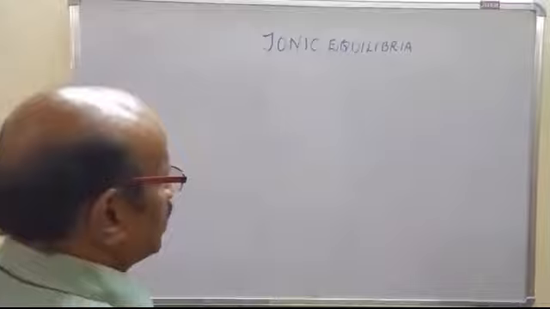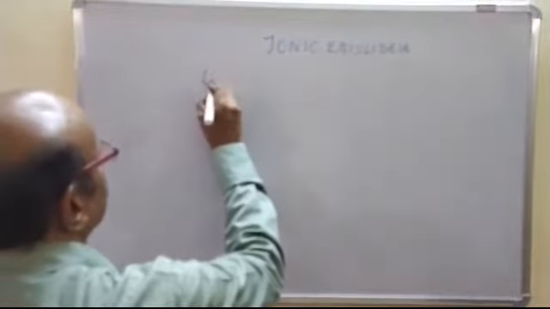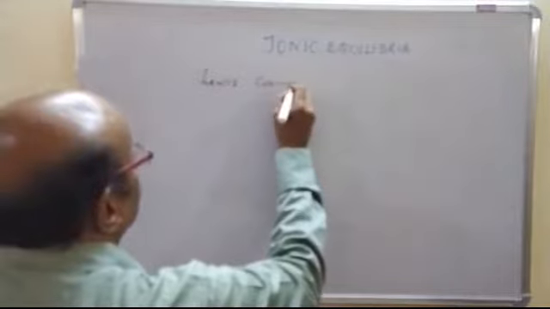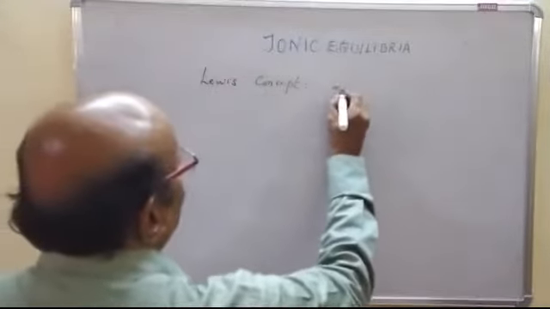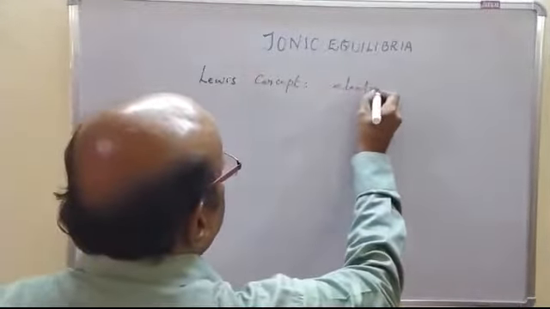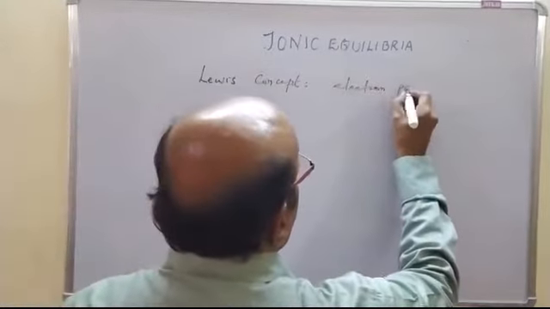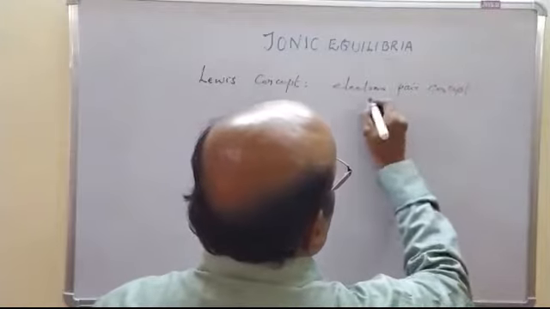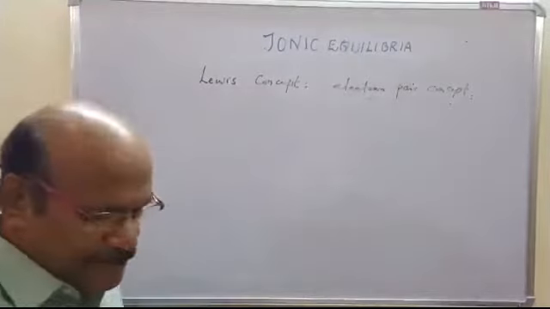In the next case, the other theory comes. That is the Lewis concept, Lewis theory. This is an electron pair concept. What is this theory?